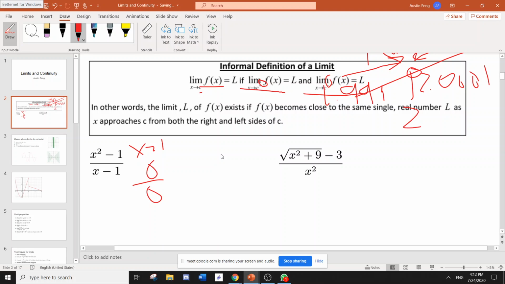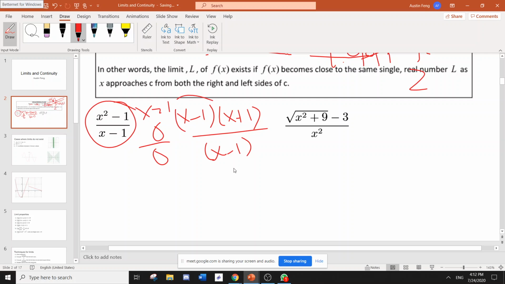So we want to figure out the limit at x equal to 1. When we factor x squared minus 1 over x minus 1, we get x minus 1 times x plus 1, all over x minus 1.